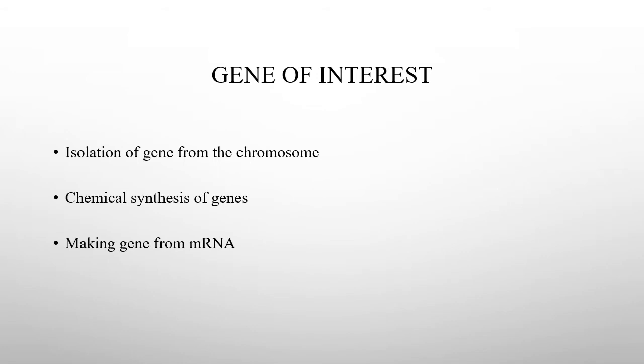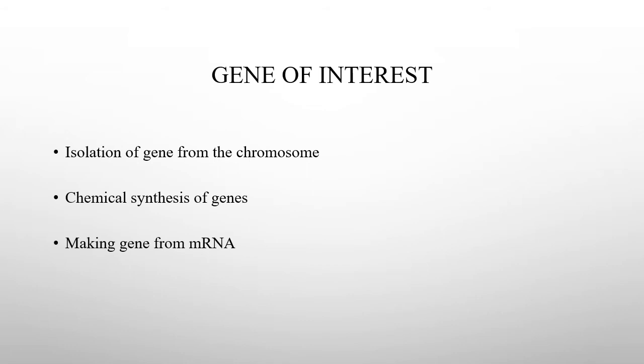For example, in the case of insulin, if we want to make insulin, firstly we must know the segments of DNA in a human which make the insulin protein. When we know the segments or nucleotide sequence, we can isolate it from the chromosome.